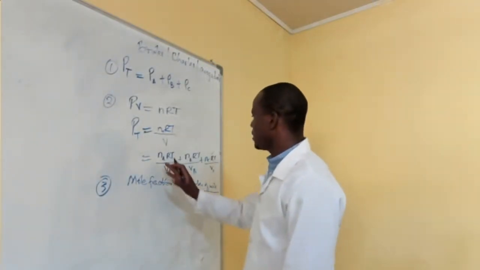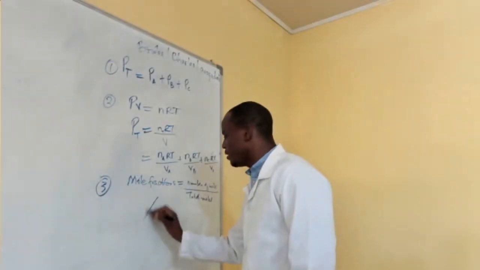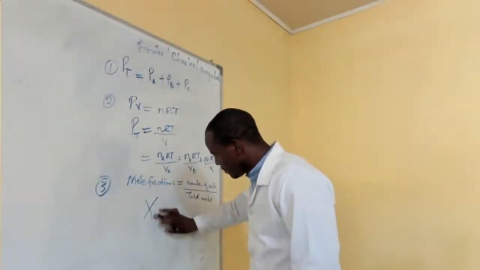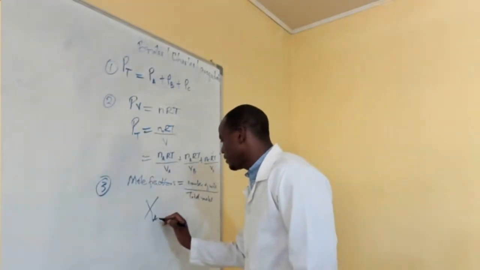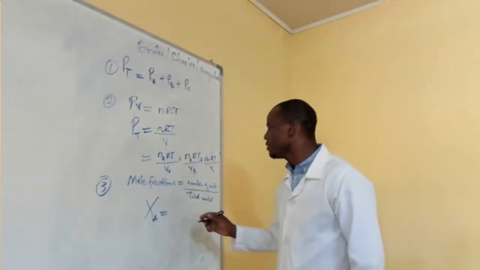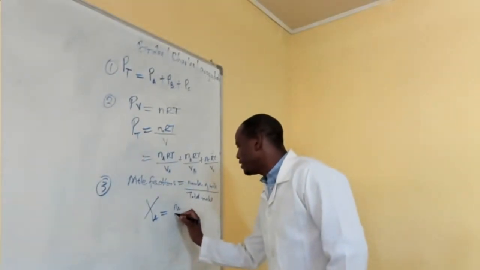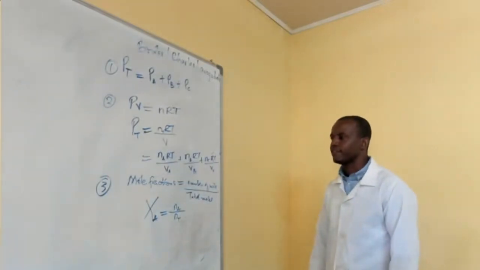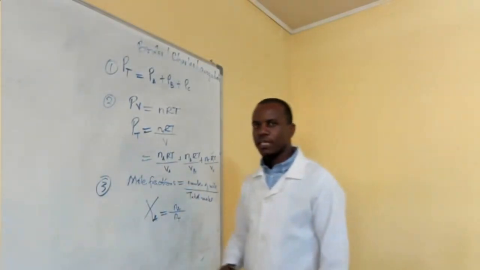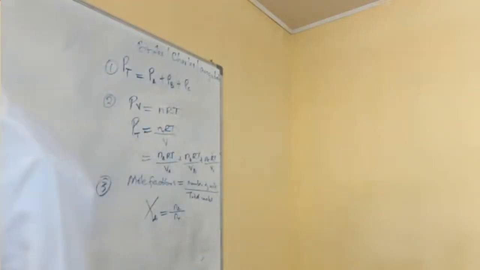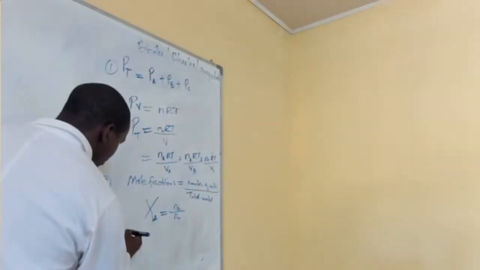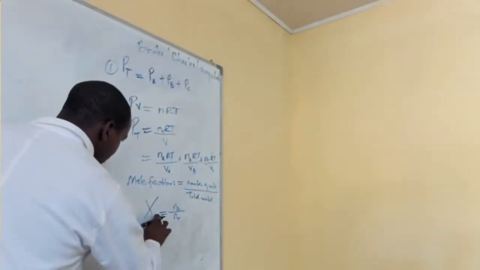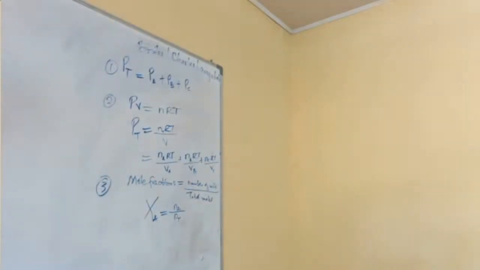Meaning that if you are discussing the mole fraction of A, let me use a capital letter, X_A is equal to the number of moles of A divided by the total number of moles, which is NT. Now, since we are calculating the pressure, we can say that the partial pressure of A will also be calculated using the mole fraction.